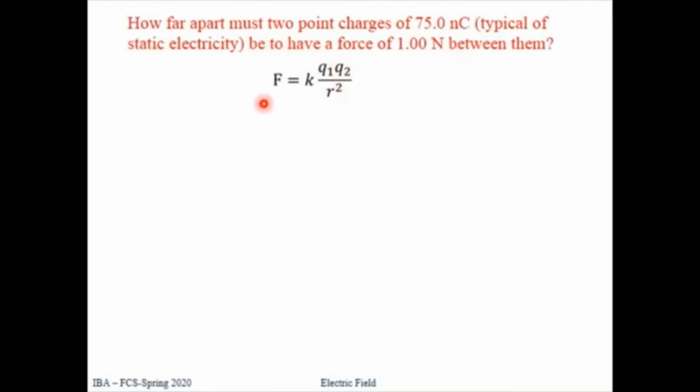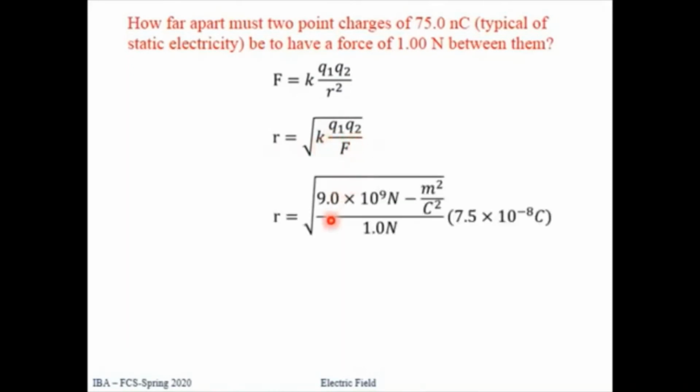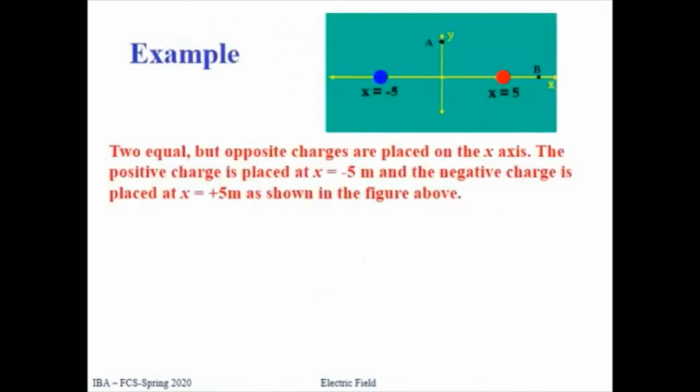This is our equation, Coulomb's law. By rearranging this equation, we can write the distance between the two charges as the square root of k q1 q2 divided by F, which is 1. Substituting the numbers given in this problem, the distance between the two charges would be 7.1 millimeter.